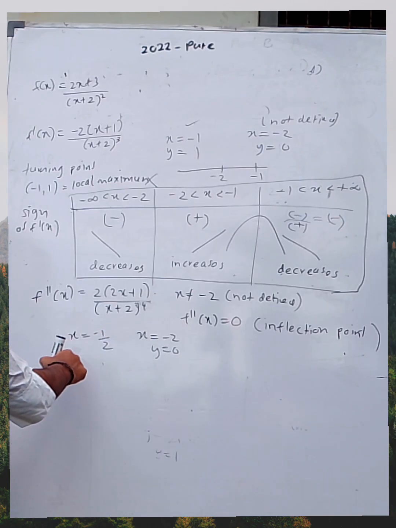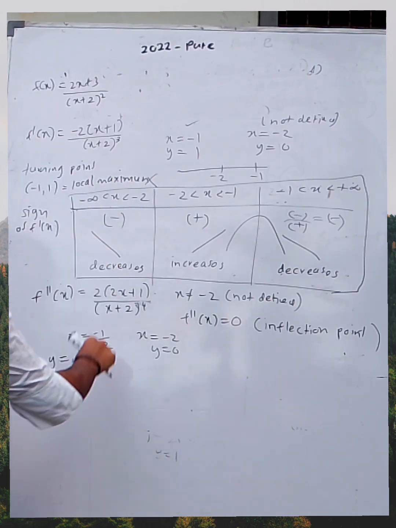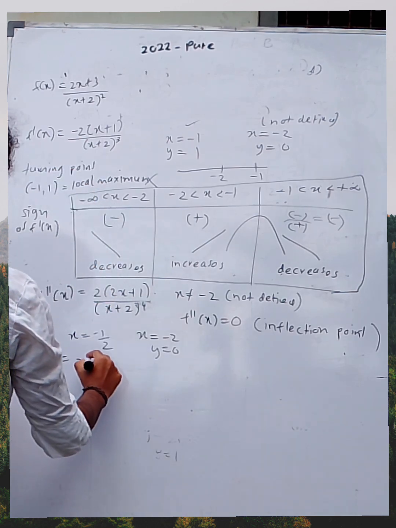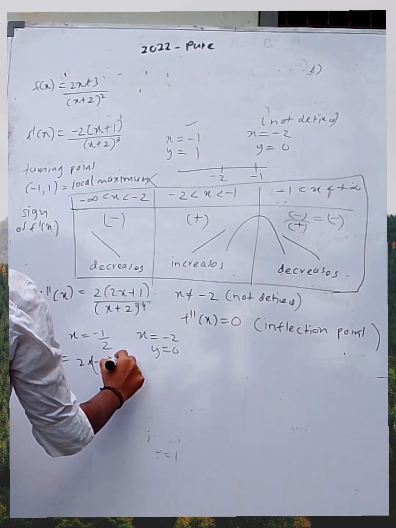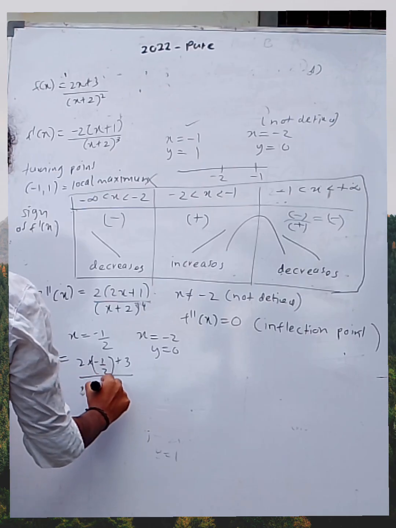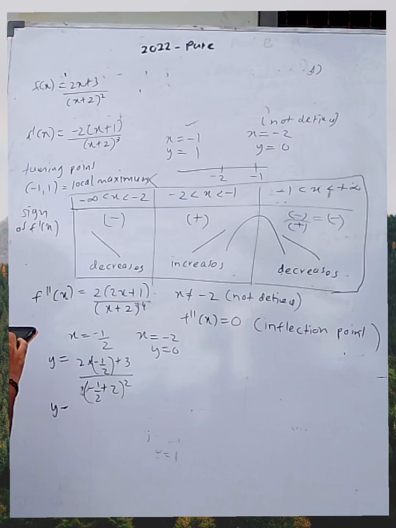So again, as I mentioned earlier, we have to look at the f(x) function and substitute minus half. So 2 into minus half plus 3, over minus half plus 2, gives the y value.